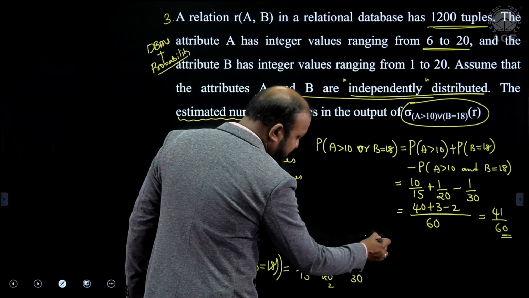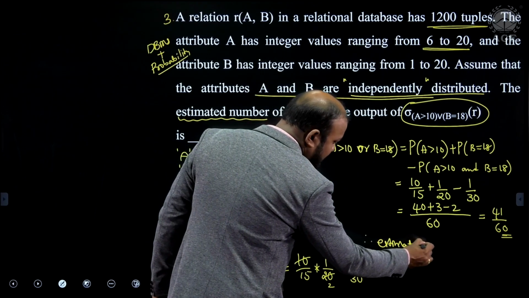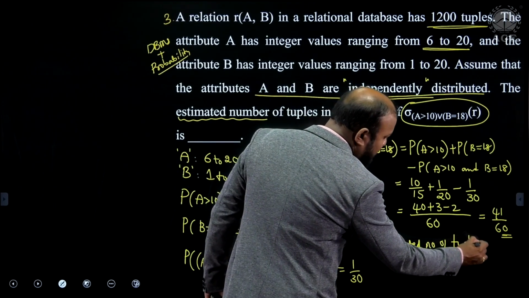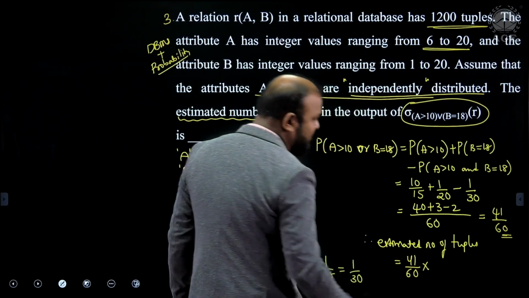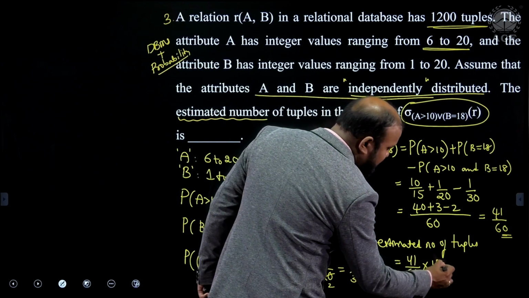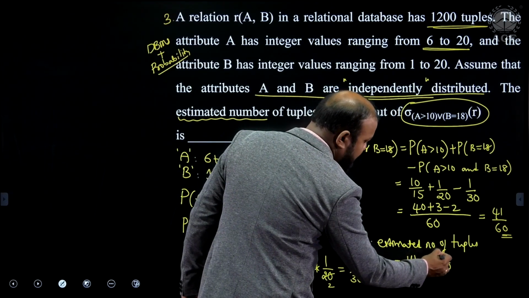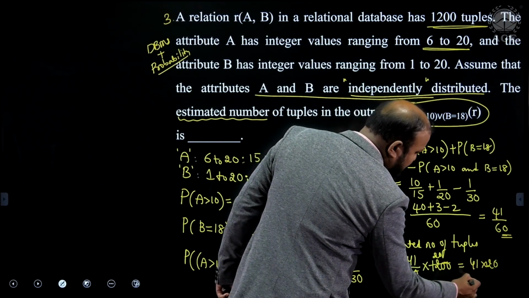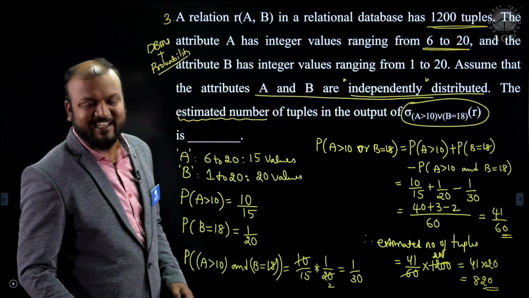Therefore, finally, the estimated number of tuples that you can determine based on the probability, which is 41 by 60, into the total number of tuples. The total number of tuples is 1200. When you solve this, 60 20s. It means 41 into 20, which is equal to 820. 820 is the answer for the question.